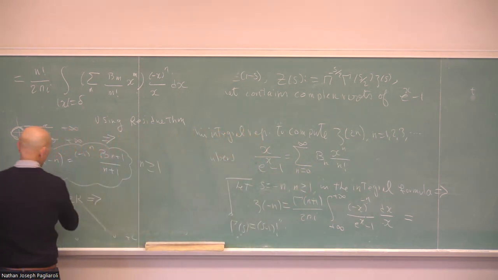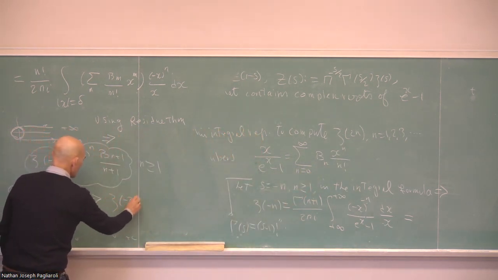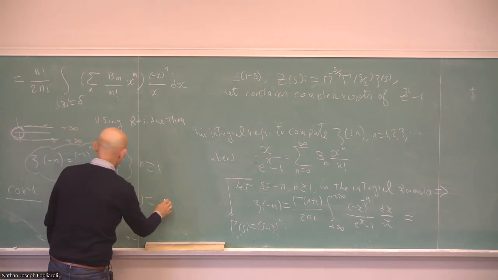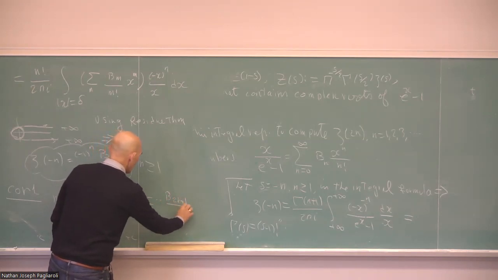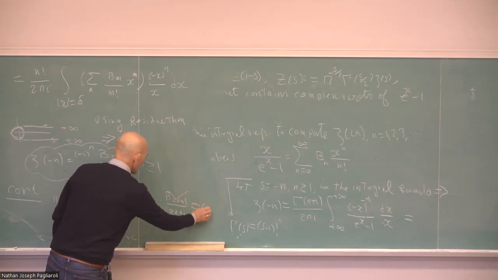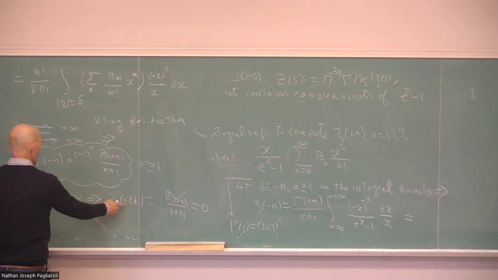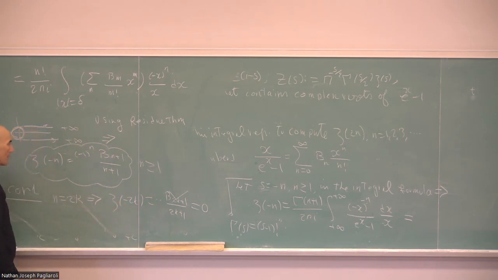So then it follows that zeta of -2k is equal to some factor times b_{2k+1} over 2k plus 1, but this is 0, so this becomes 0. But this already we know from another approach, but at least this much we know, right?